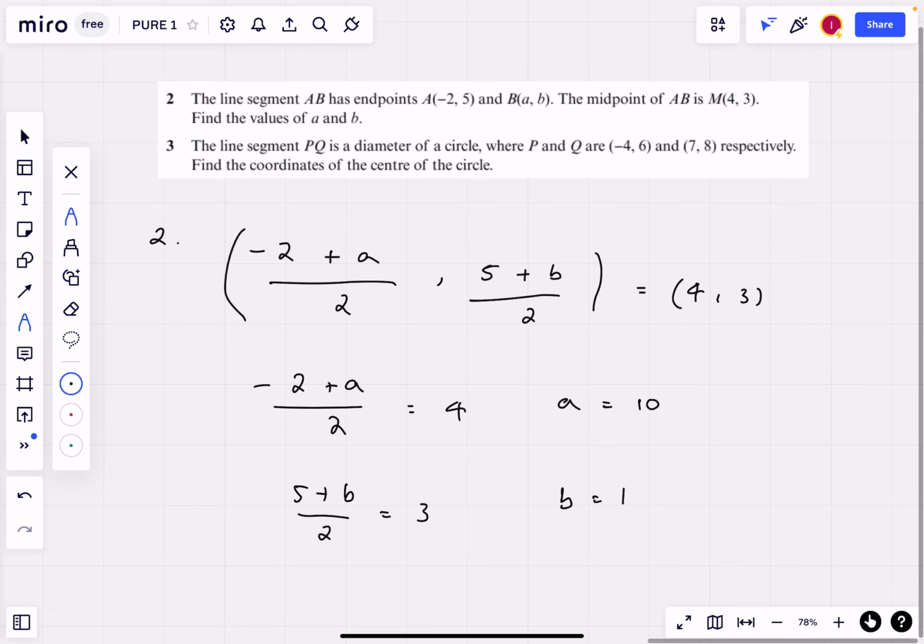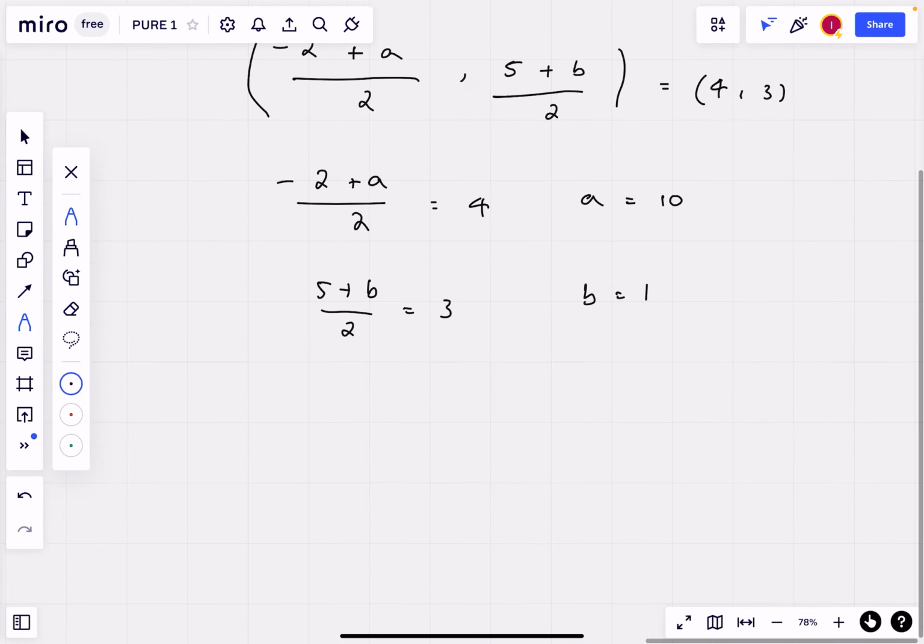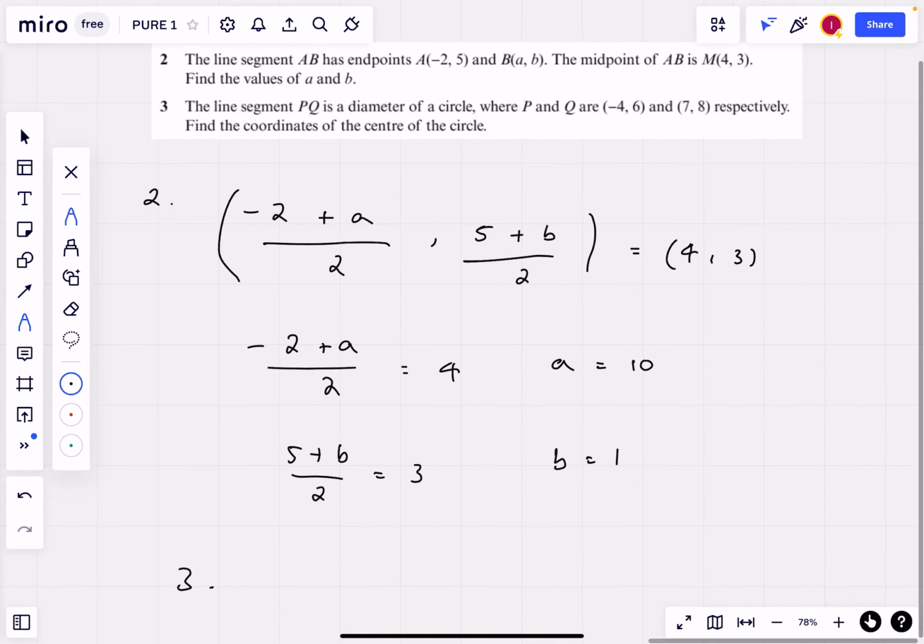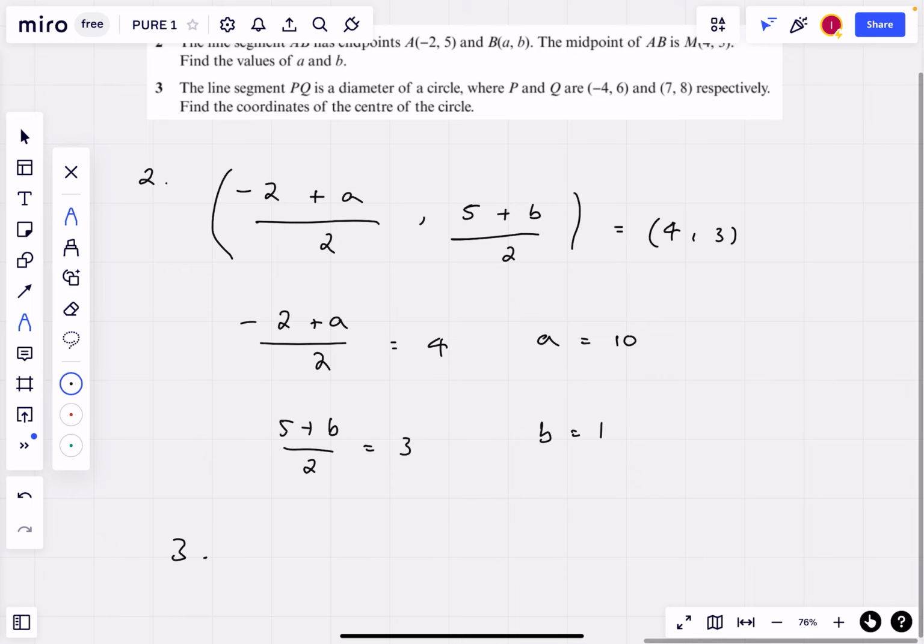Cool. Question 3. The line segment PQ is the diameter of a circle where P and Q are minus 4, 6 and 7, 8 respectively. Find the coordinates of the center. So the one that's higher is the second one. This one is x2, y2.